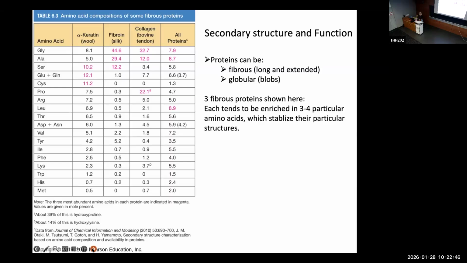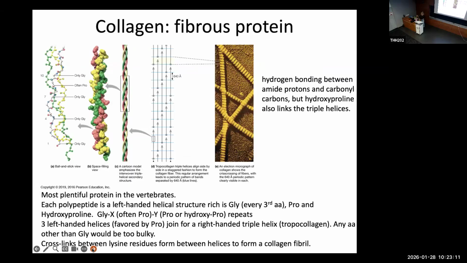Maybe like a polyproline. Yeah, so I think I would agree. Maybe a polyproline helix that has a ton of prolines relative to these other fibrous proteins. It also has a lot of glycines, which are required to facilitate the kinked structure of the polyproline helix. So that is true. So let's look at collagen and what it looks like.